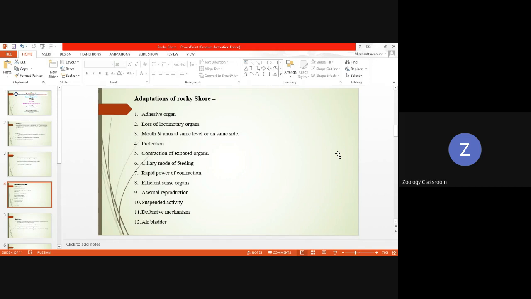Now, next one is ciliary mode of feeding. Special ciliature is developed in the body.